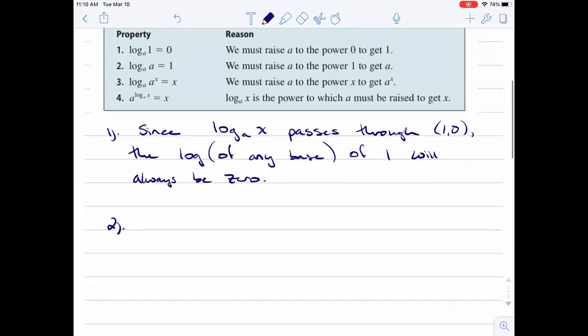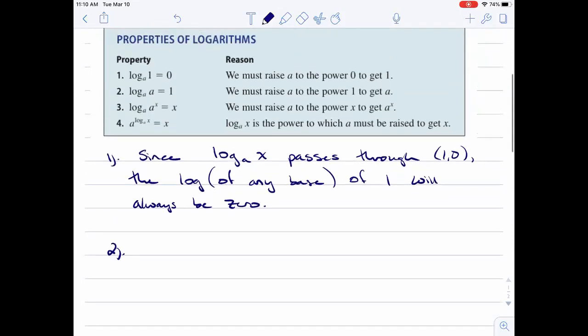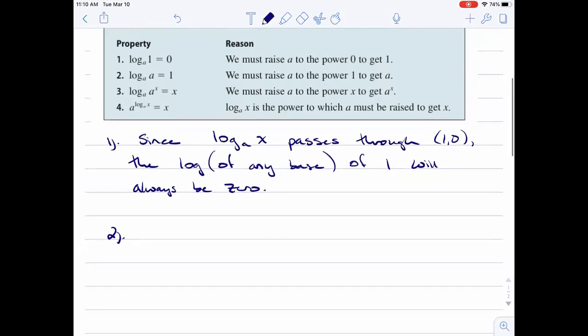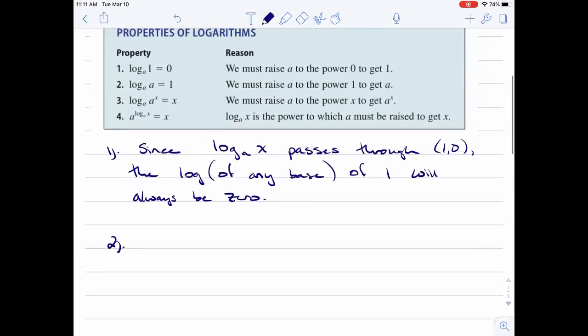The second one, it's got the extra kind of justification on the side, right? But I just kind of want to boil it down into reasons that we are probably more familiar with. So the log base a of the base is going to be just 1.